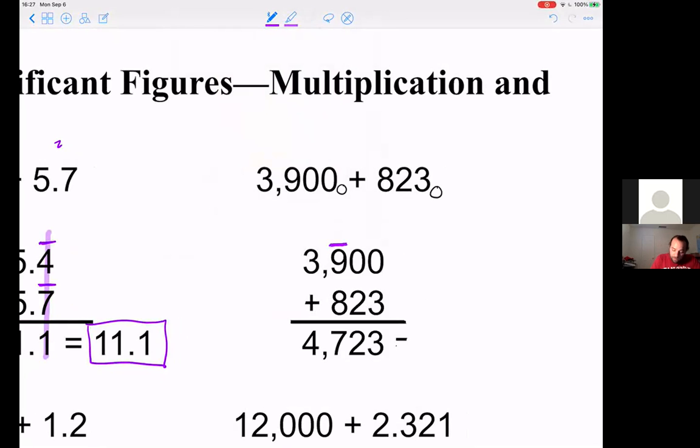There wasn't a decimal explicitly written in this number, so I don't get to count those trailing zeros. Whereas in 823, it's just that last 3. It's in the ones place. So whichever sig fig is further to the left, in this case, it's this one, that's the place that I'm going to round my answer to. So I'm going to have to round to this 7, giving me a final answer of 4,700.